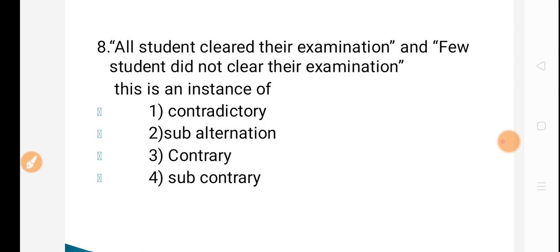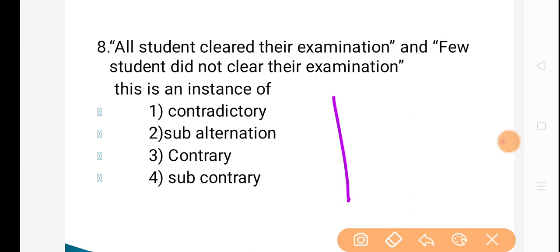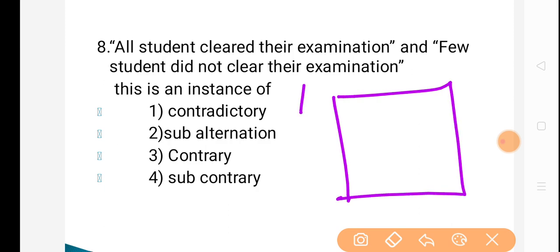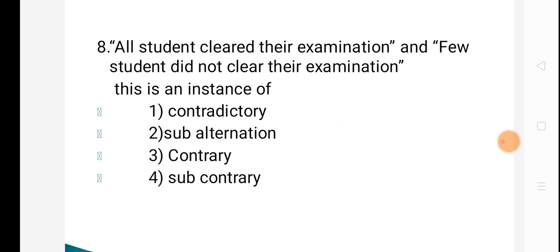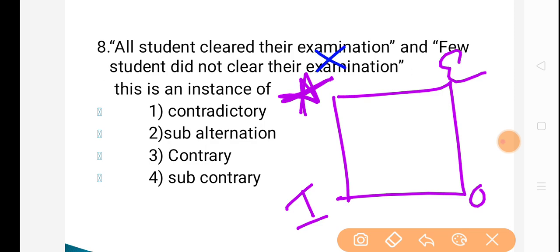Eighth question. All the students cleared their examination and few students did not clear the examination. This is an instance of what? Just draw A, E, I and O here. All the students cleared their examination. It's an all statement, so that will come here.